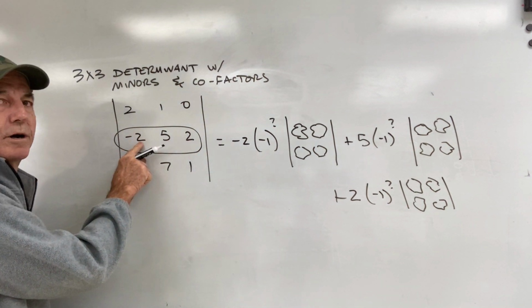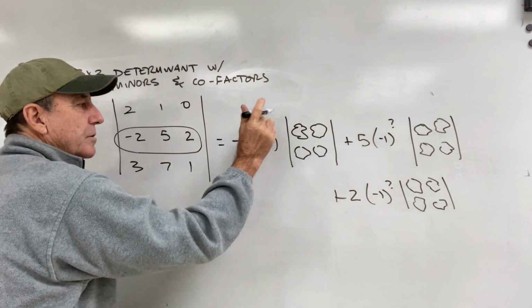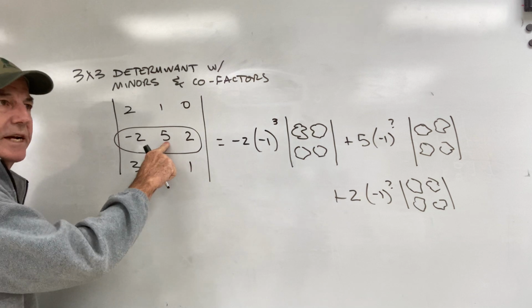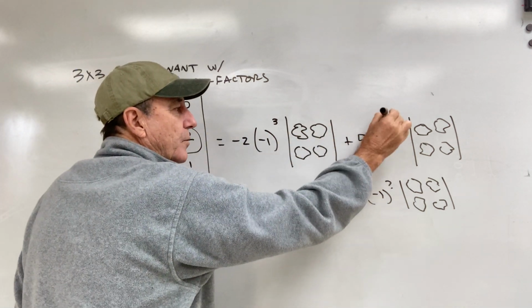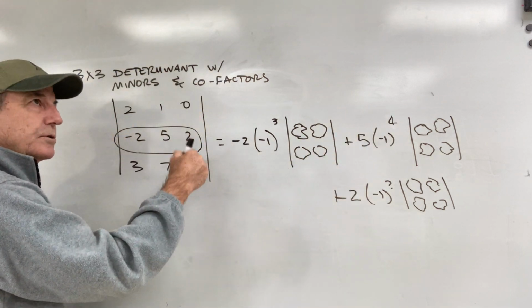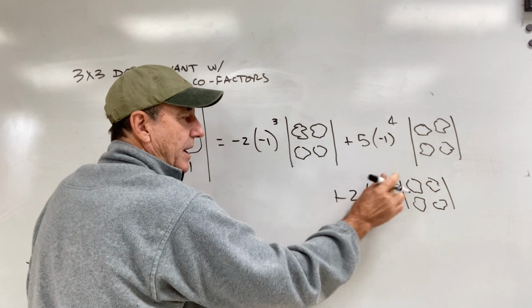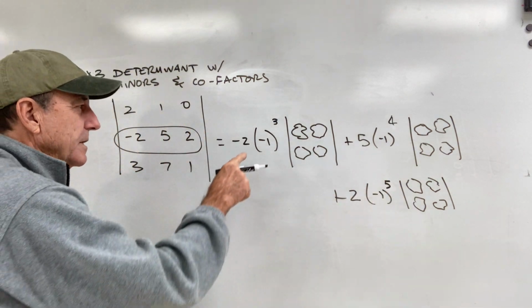This is in the second row, first column, so we use 2 plus 1, which is 3. This is in the second row, second column, so we do 2 plus 2, that's going to be 4. And this is in the second row, third column, so we're going to use 2 plus 3, and that's 5.